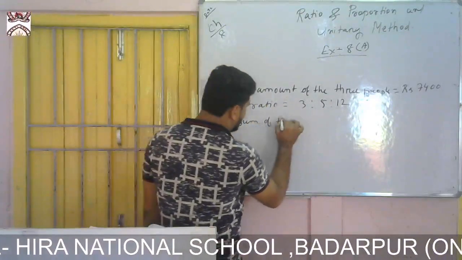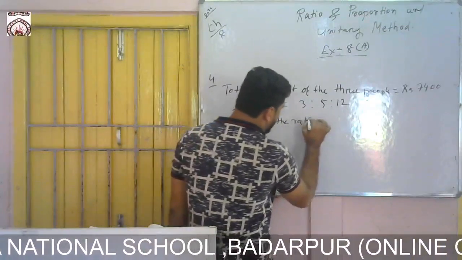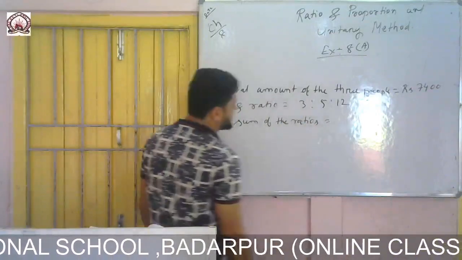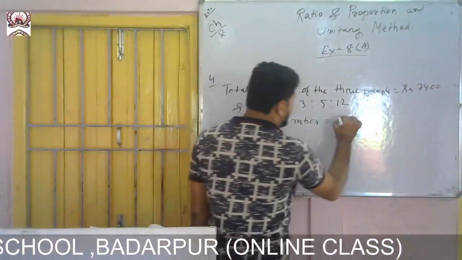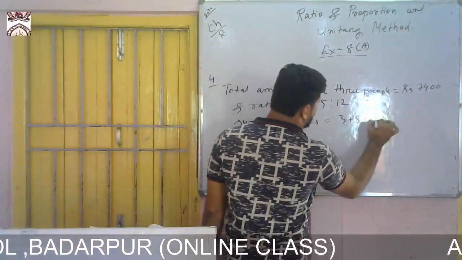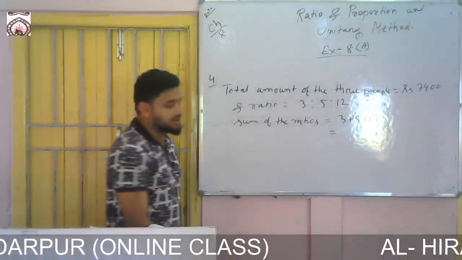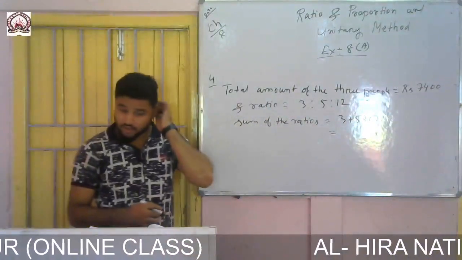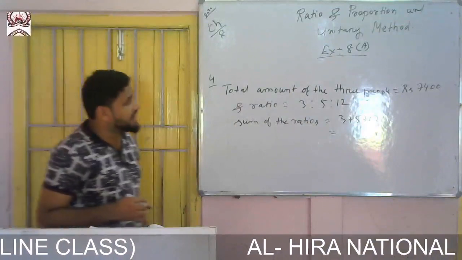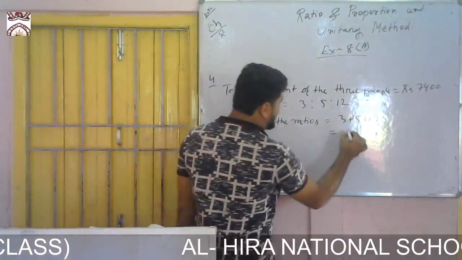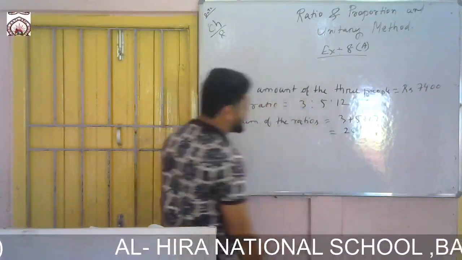Sum of the ratios: 3 plus 5 plus 12. So it will be 20.